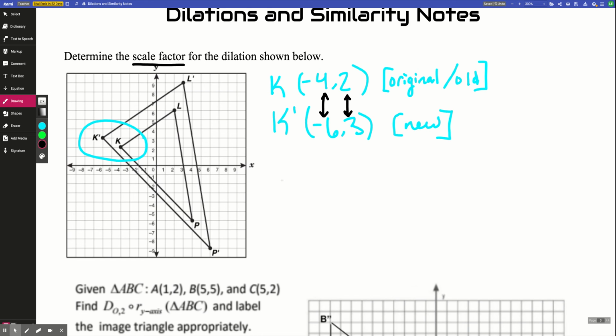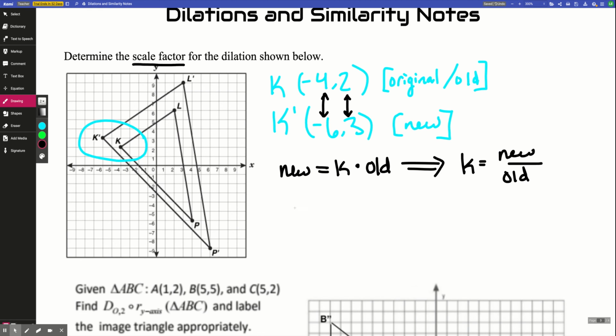So remember, my formula here is that the new value equals k times the old value. Another way that you can write that to get k by itself is to say k is equal to the new value divided by the old value.